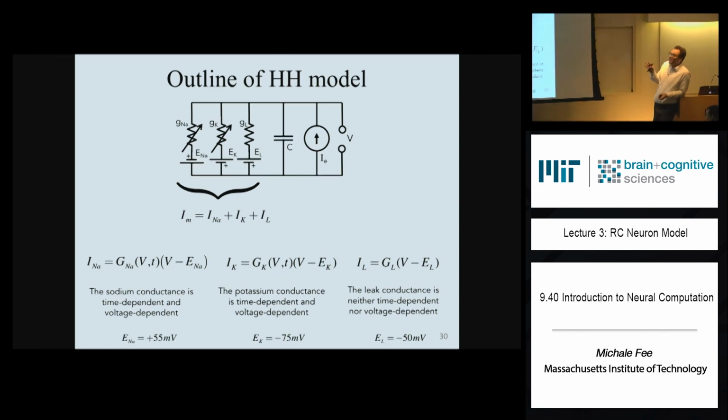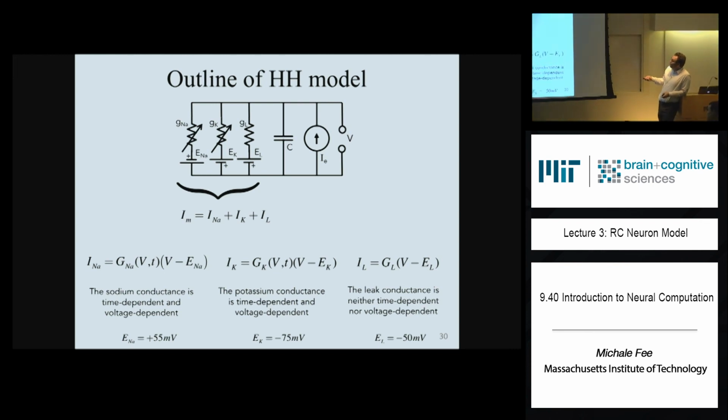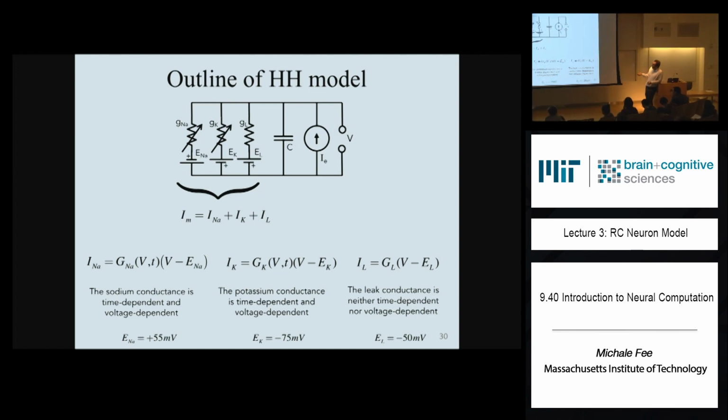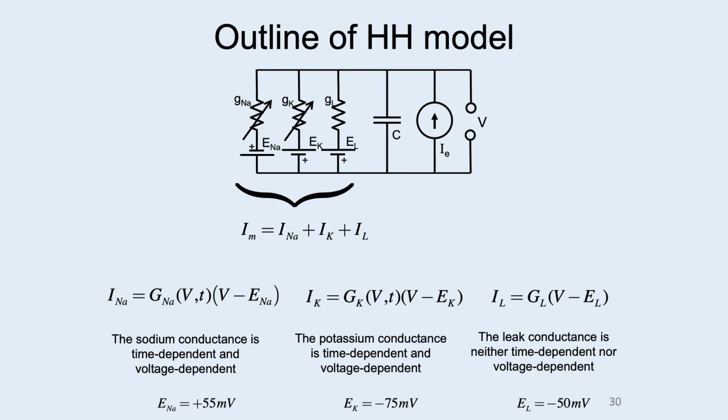So the name of the game in understanding how this works is to figure out where this time dependence and voltage dependence comes from. What's that? They're very close, but the potassium equilibrium potential is always very close to minus 75.